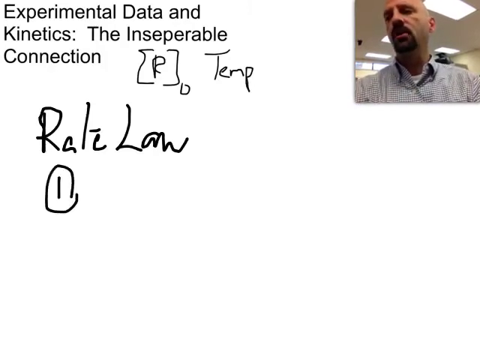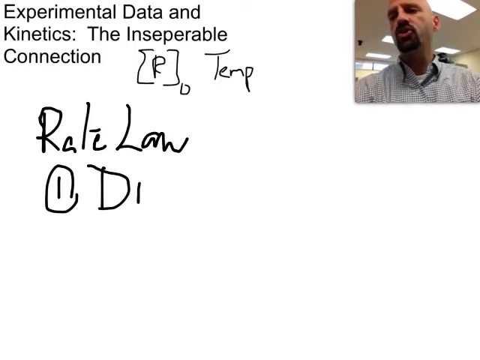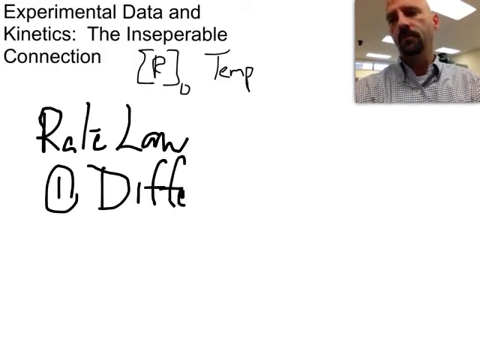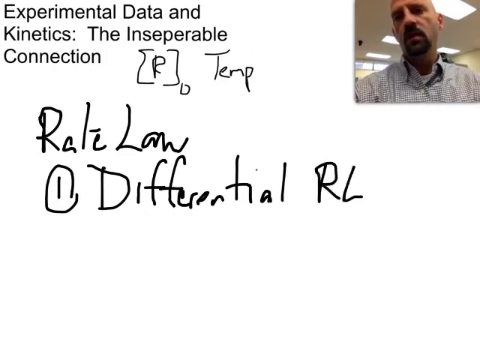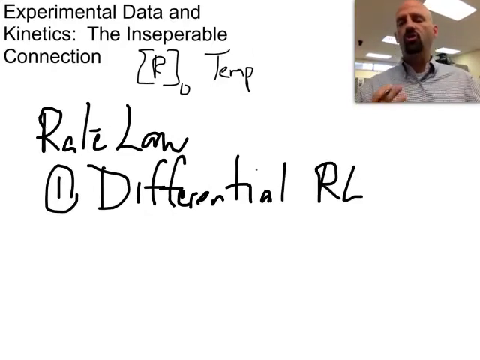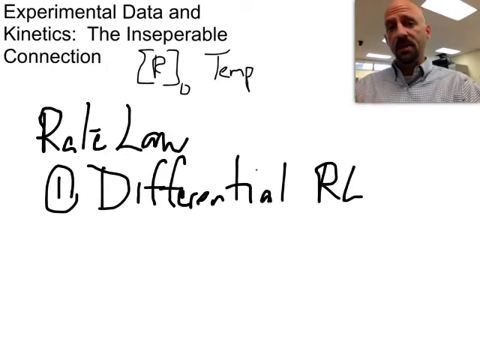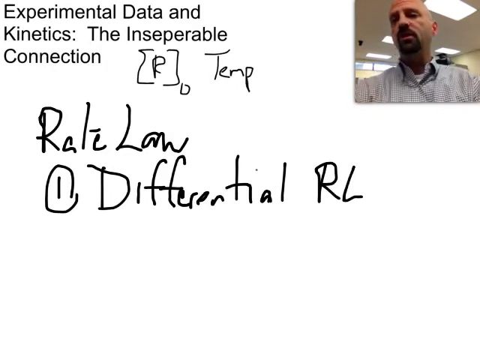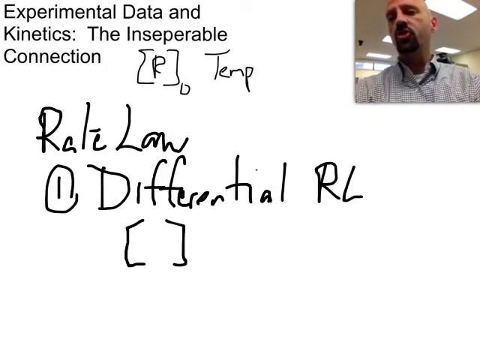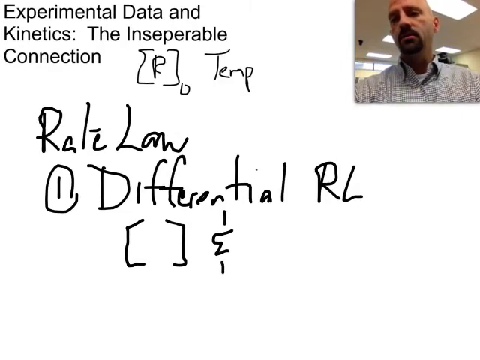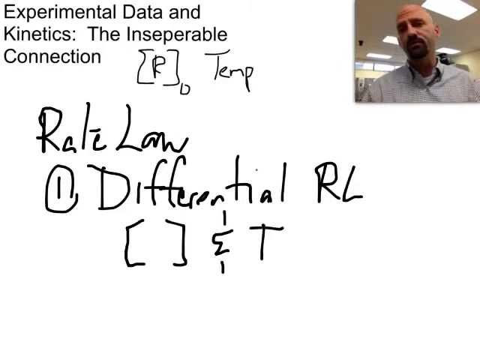One type of rate law is called the differential rate law. This rate law will describe the chemical system and how it behaves kinetically in terms of concepts like concentration and temperature that I was alluding to before.